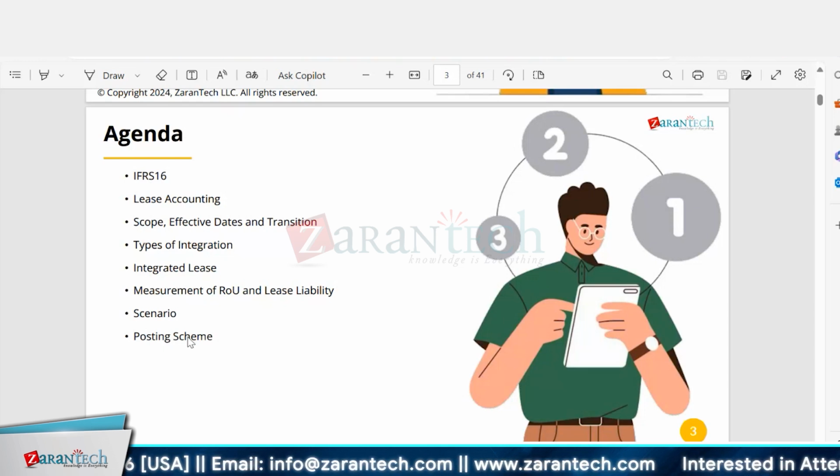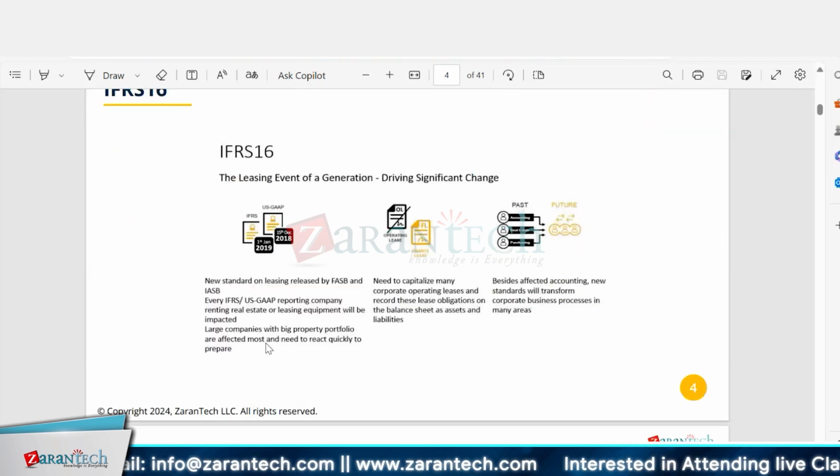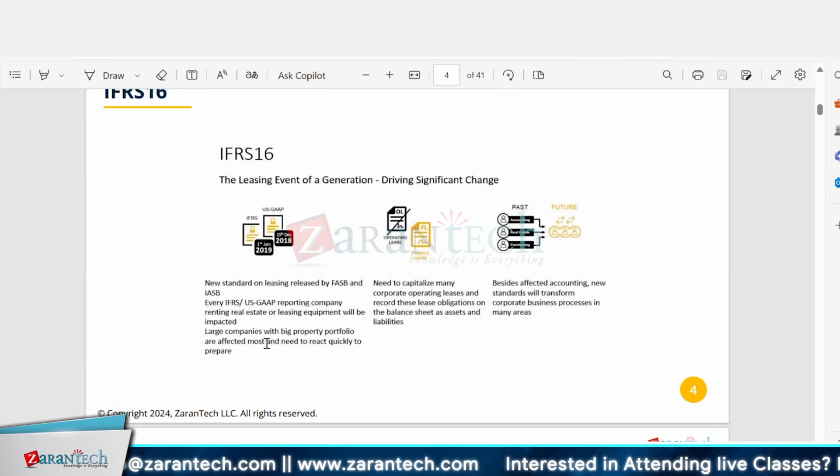Now, what does ROU mean? Is someone aware of it? The right of use asset. Okay. When we say right of use asset, what does that mean? We reduce the amount we capitalize for that asset every month.